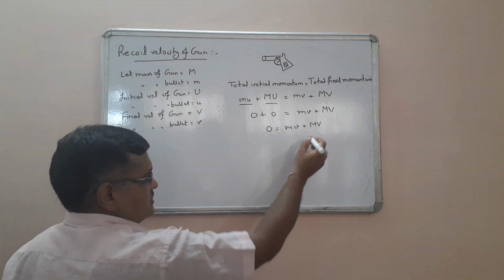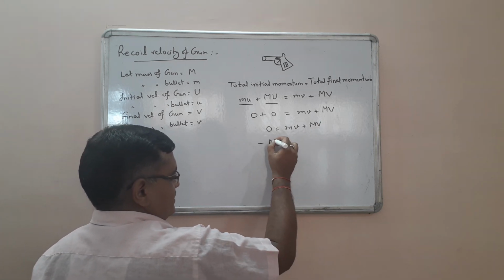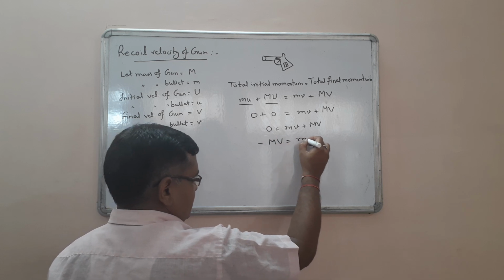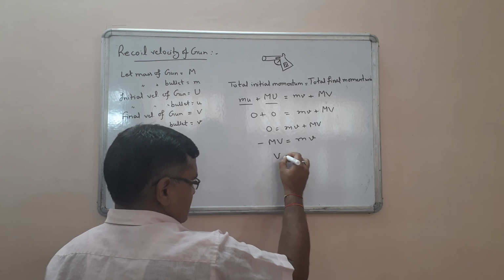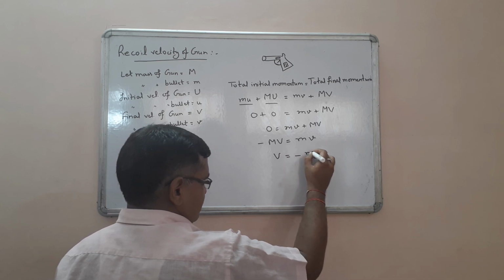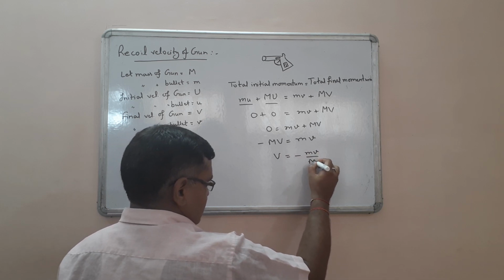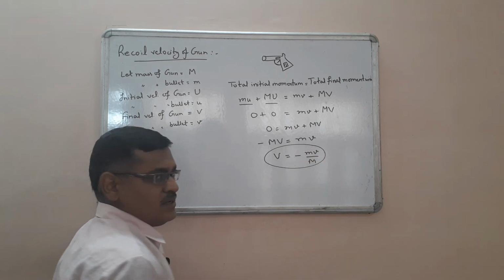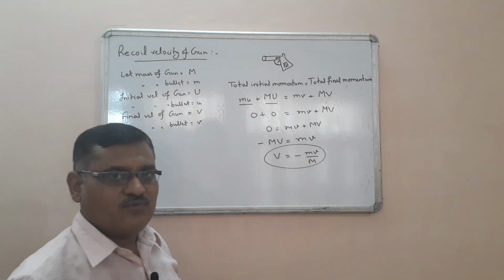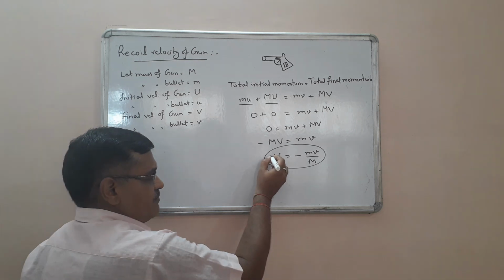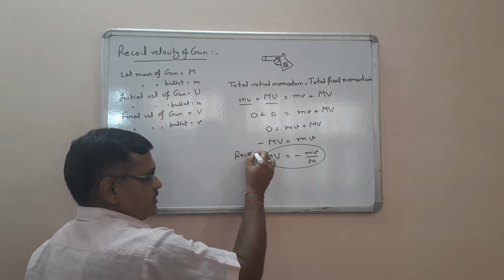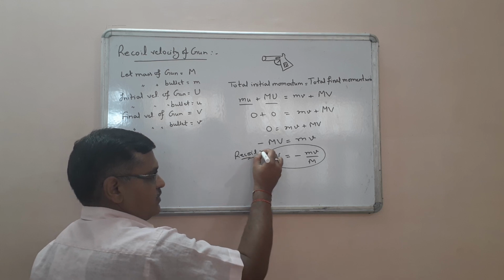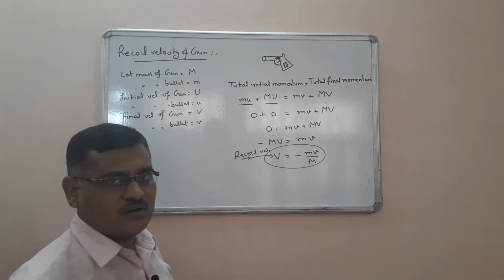When we transpose the term, we get minus mv is equal to capital MV, and you can say capital V is equal to minus mv divided by capital M. This is the formula for the recoil velocity of the gun. This capital V is the recoil velocity of the gun.